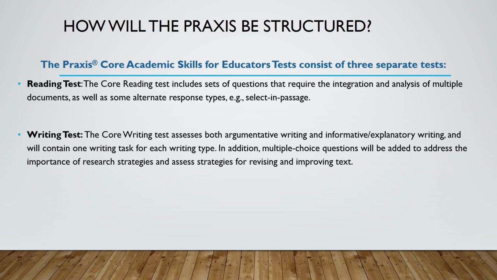The writing test that everyone has to take. The core writing test assesses both argumentative writing and informative explanatory writing, and will contain 1 writing task for each type. In addition, multiple choice questions will be added to address the importance of research strategies and assess strategies for revising and improving texts.